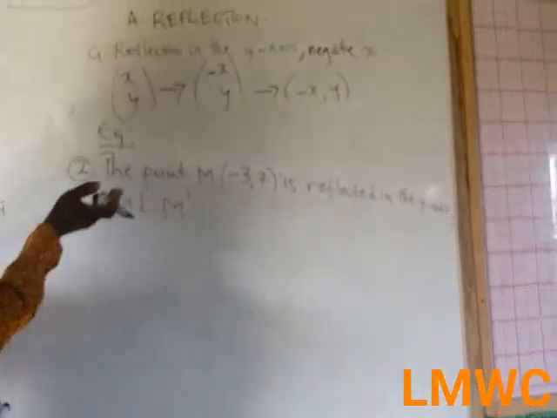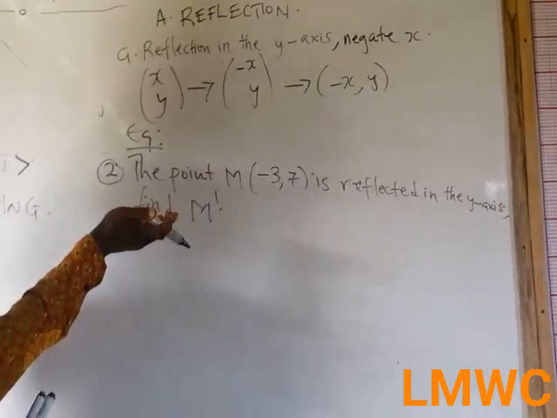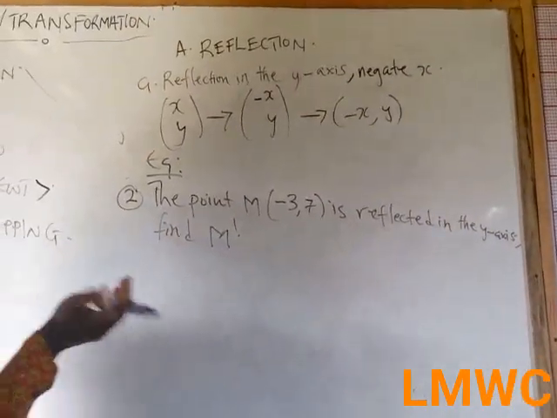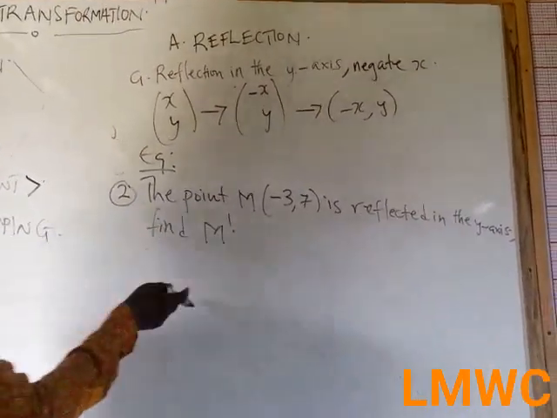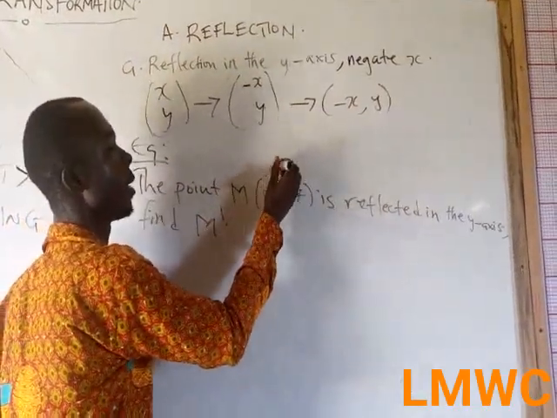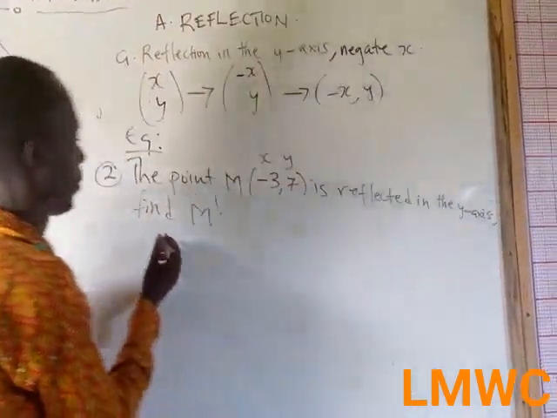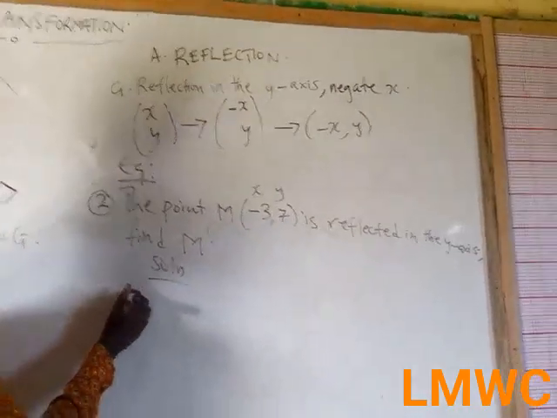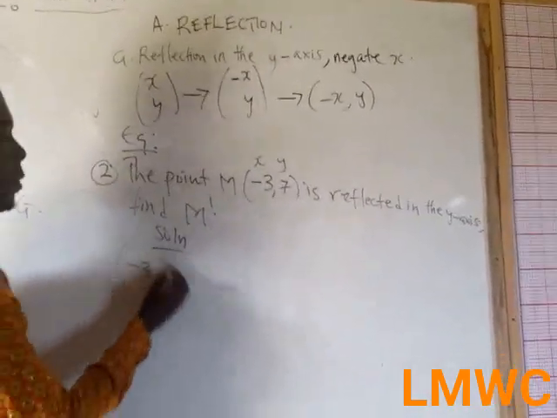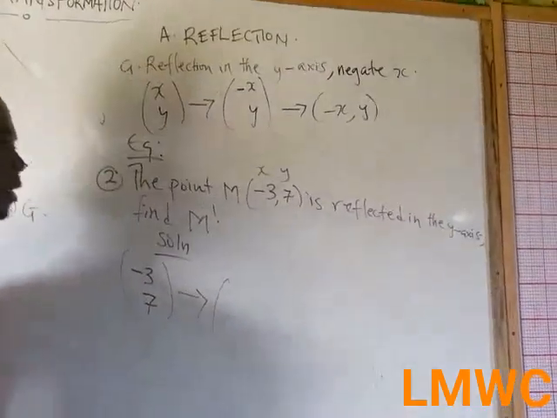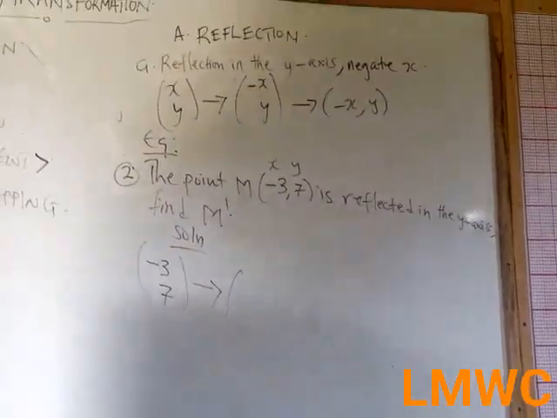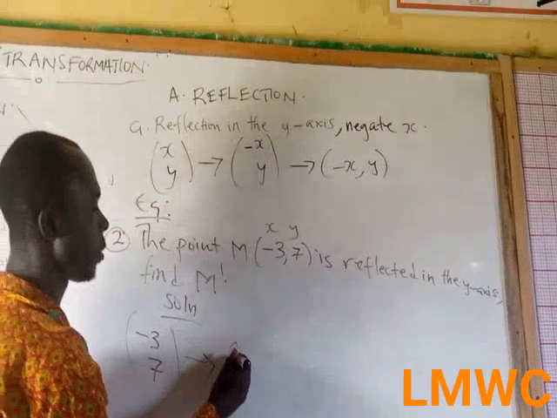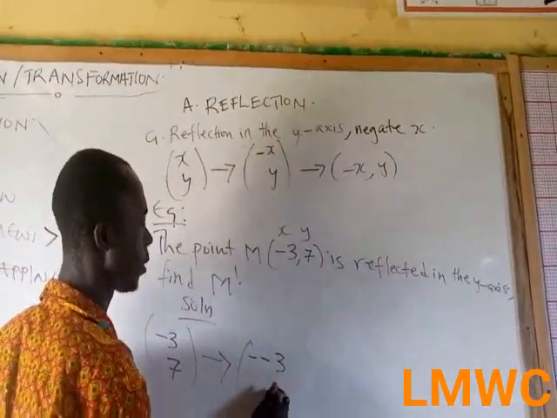Example 2. The point M (-3, 7) is reflected in the y-axis. Find point M complement. So we know this is x and this is y. (-3, 7) maps to, reflection in the y-axis will negate x. So you negate this one, so it becomes -(-3), 7.